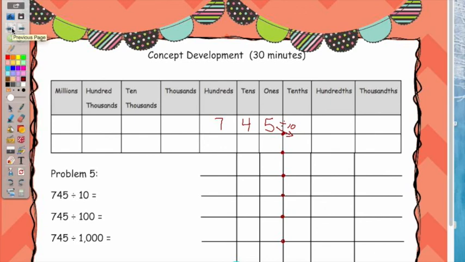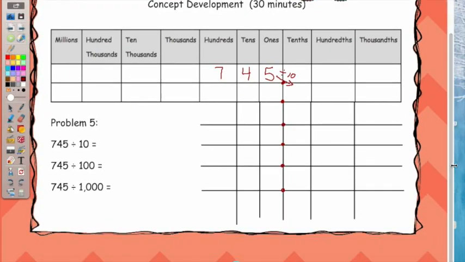Is that it? Yeah. Okay, last one. This won't take us long. 745 divided by 10. You have enough place value space? Yes. Turn it over if you don't. Start fresh on the other side. Okay, so I'm starting with 745. I'm dividing by 10. How many zeros are in 10? 1.